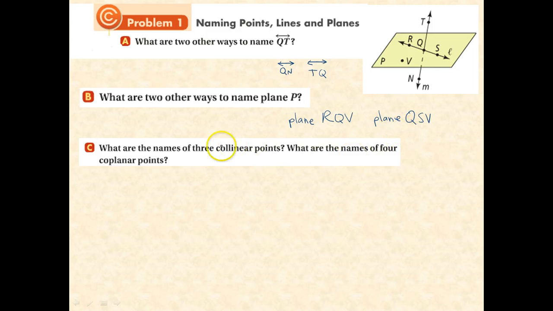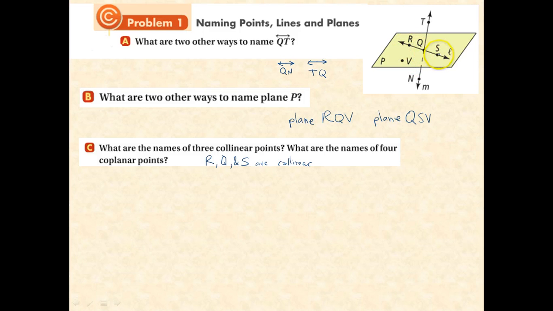What are the names of 3 collinear points? Well, I see 3 collinear points right here, R, Q, and S. So R, Q, and S are collinear. And the next is, what are the names of 4 coplanar points?